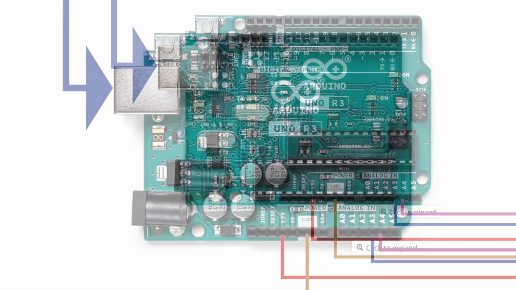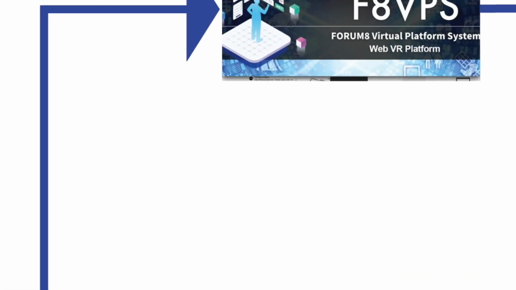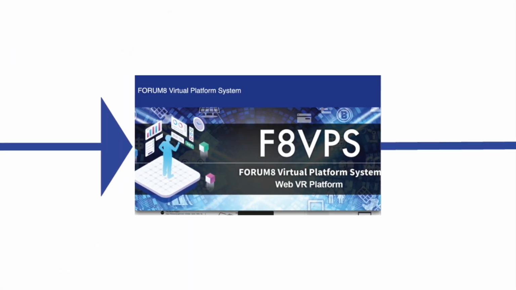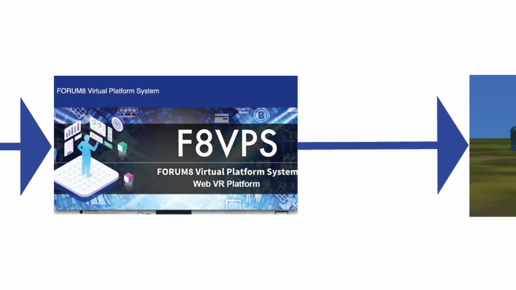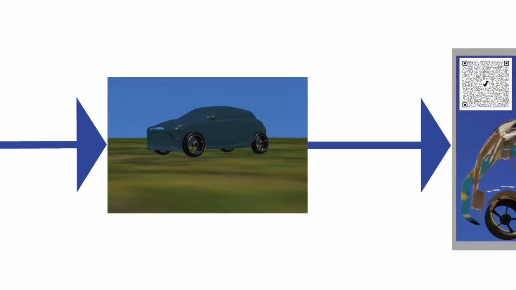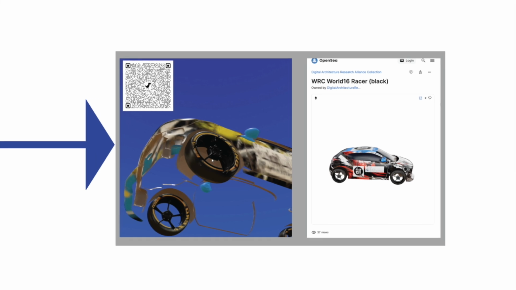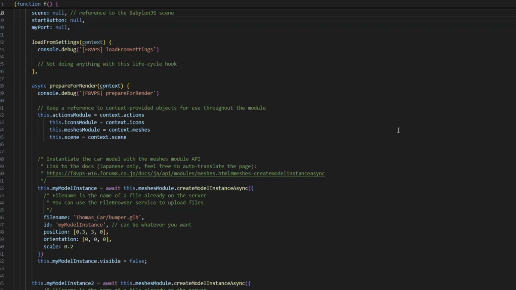This is just a standard Arduino, and then that is connected to your laptop or computer. So through the computer, it goes to F8 DPS, and so in real time, as you're touching the physical form, you're building up components of the car, and then ultimately it builds the final car.